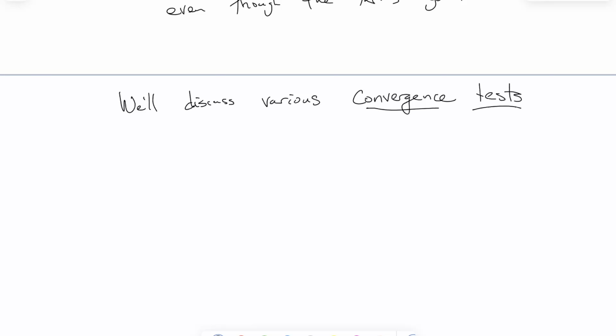These are ways of looking at a series and telling if it converges or not. We have already seen for a geometric series, it's easy to tell. It depends on what the r is. If the absolute value of r is less than 1, it converges. If not, it diverges. But in more general cases for non-geometric series, we're going to discuss various convergence tests for series.